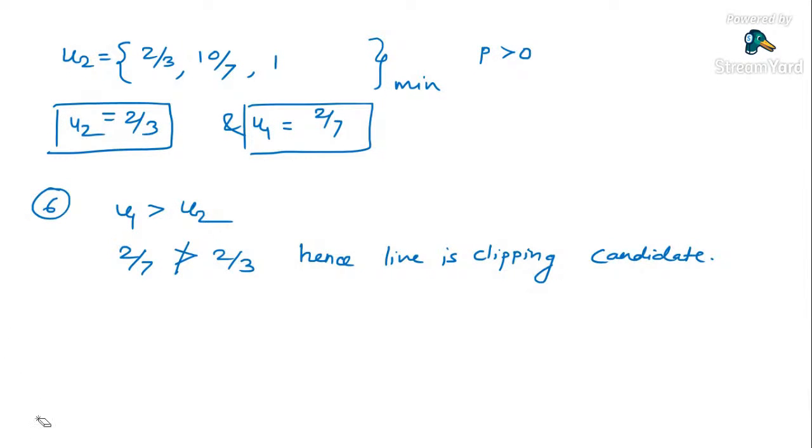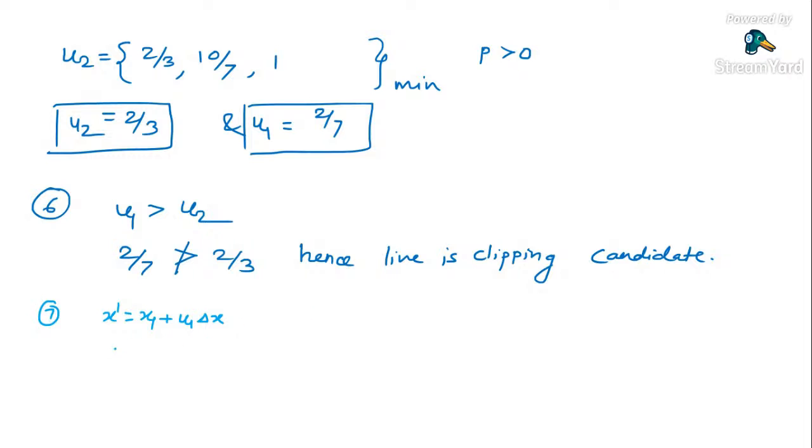Now you can move towards step number 7. What is step number 7? Directly calculate x dash, y dash by putting in the values. x dash is equal to x1 plus u1 delta x.